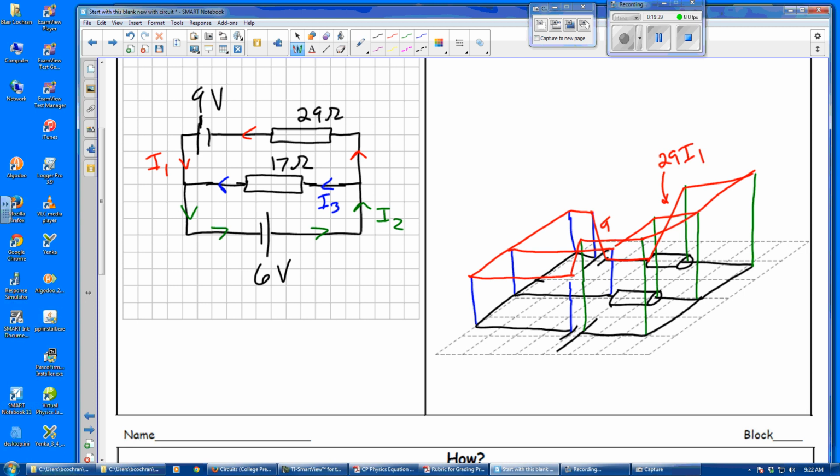This slope here is going to be 6. And my other slope, which is right here, is my 17 I3. Not the prettiest plot I've ever done, but usable.